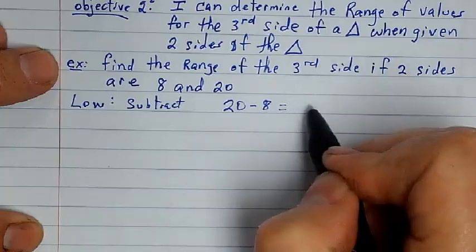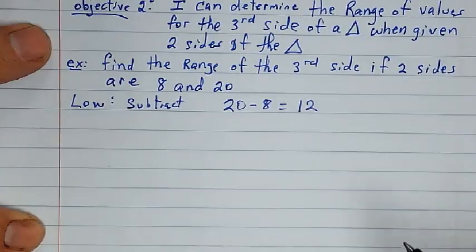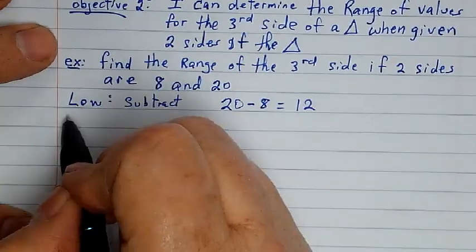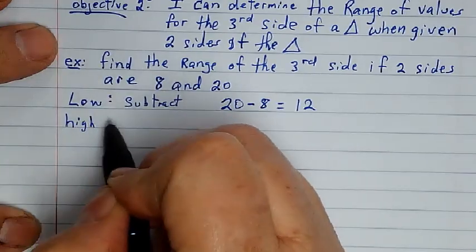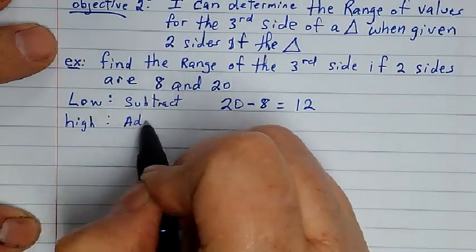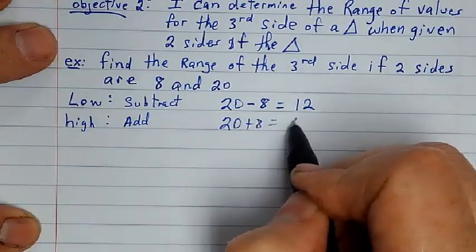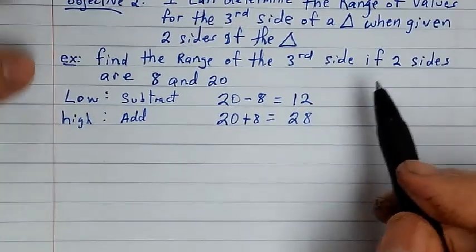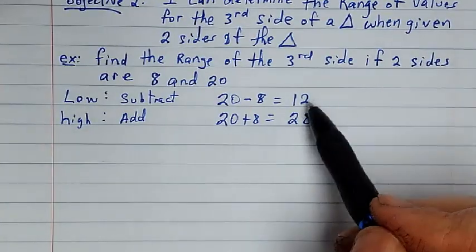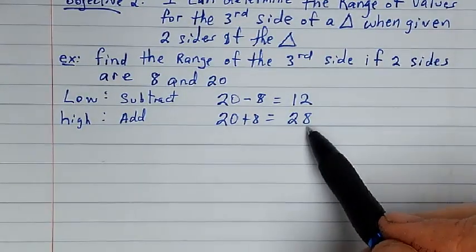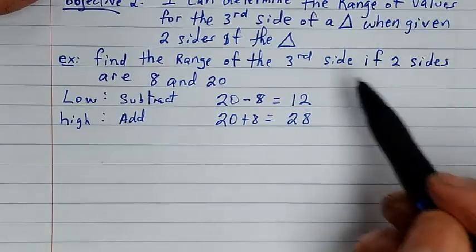That's going to be the low. For the high value of the range, you're going to add the two given sides. So 20 plus 8. And what's that going to be? That means that the third side can't be 12 and it can't be 28. It's got to be between. So that means it's got to be more than 12 and less than 28.